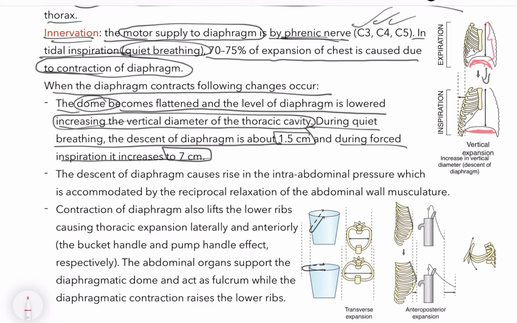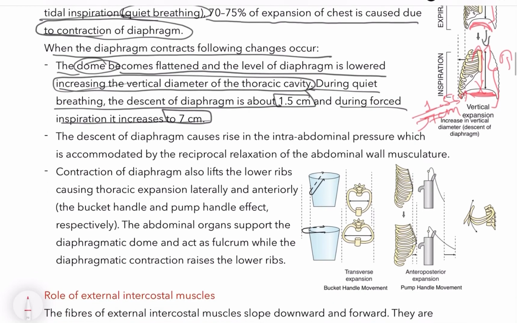Now you can see this was this much area, and now the area is increased compared to expiration. In normal inspiration, quiet breathing, the diaphragm descent is about 1.5 cm. But if there is any kind of disorder, or if you are doing a forced inspiration, then the descent is up to 7 cm. Do remember, okay?